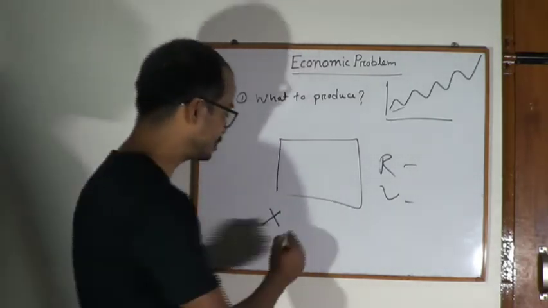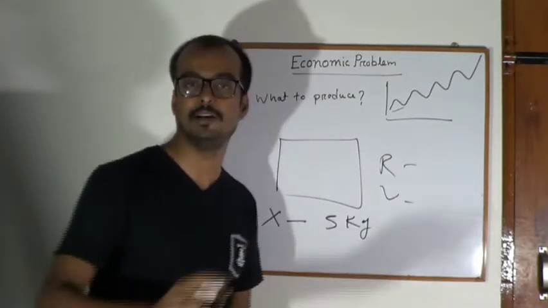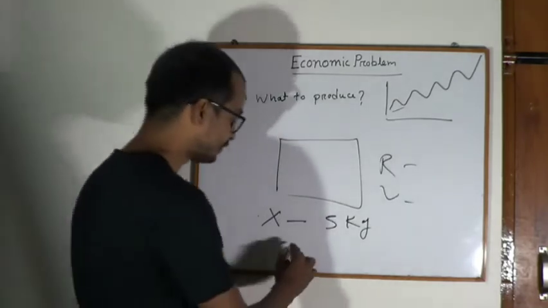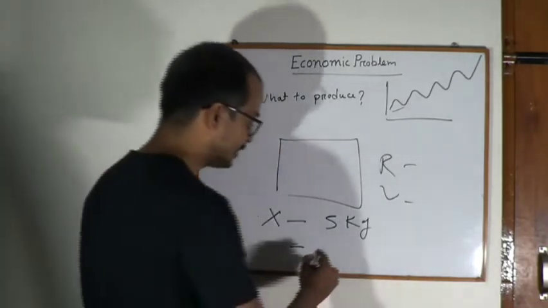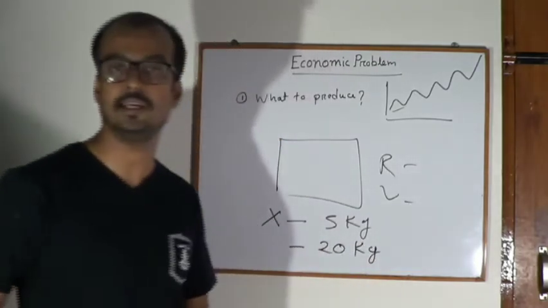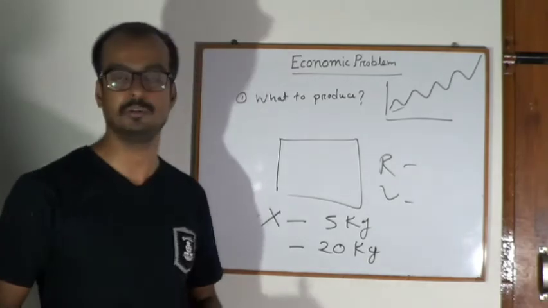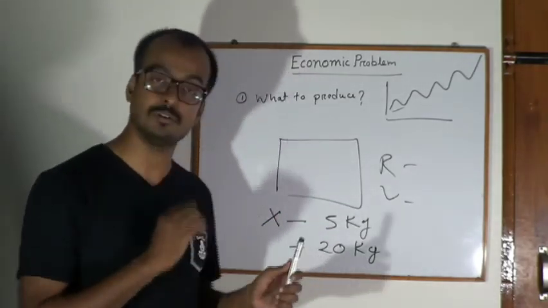Say for example, in your shop generally 5 kilos of jalebi is sold every day. But that day you must know how much. Say for example, that day 20 kg of jalebi is particularly sold. So you can produce 20 kg. Around, exact idea you don't have, but around 20 kg.